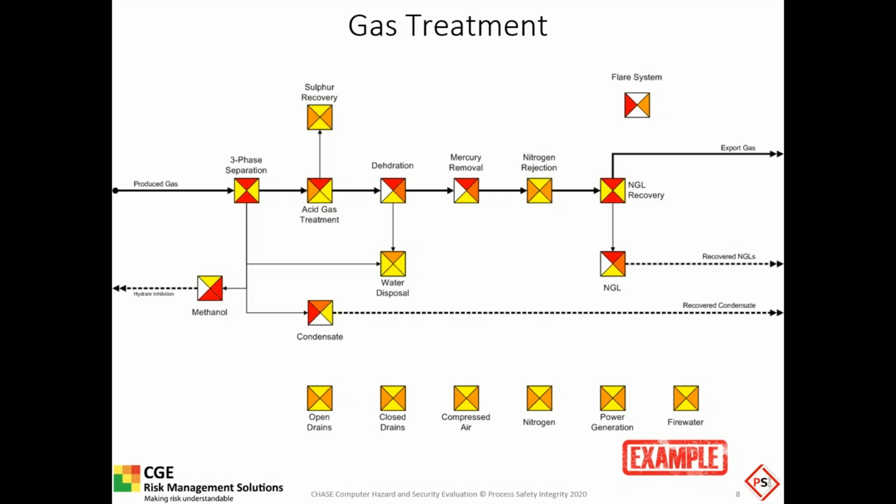All these may play a part in your own essential services. So we want to make sure that when we consider the scope of our risk assessment, we're not just looking at the big bang items, but also the ancillaries, the things that maybe don't lead to loss of containment, but could interrupt production.